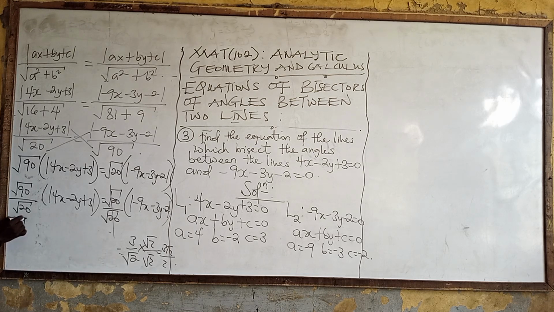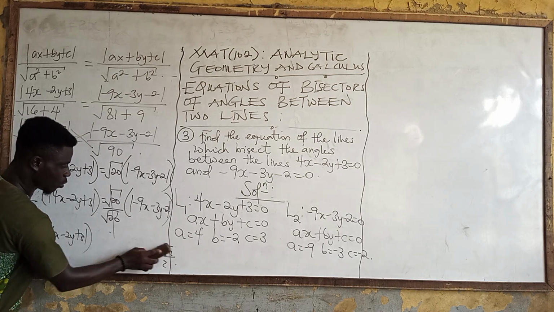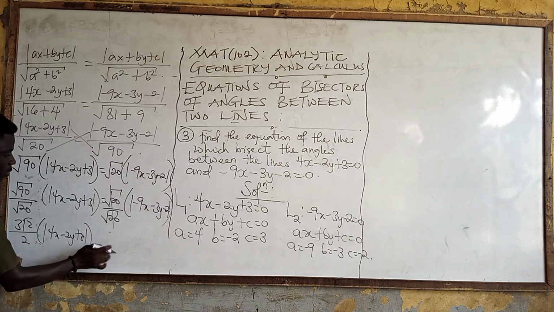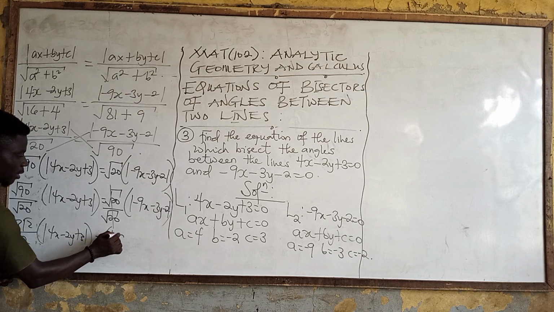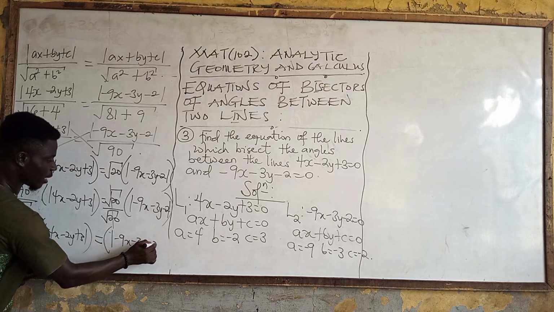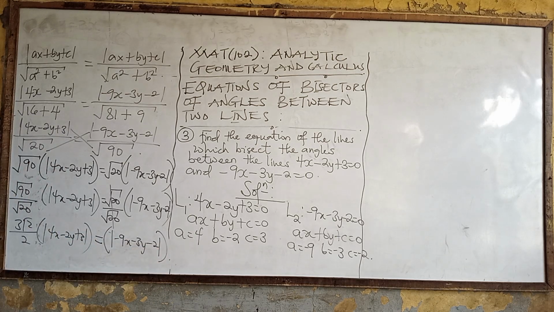So I have 3 root 2 over 2 multiplying the absolute of 4x minus 2y plus 3, which must be equal to the absolute of negative 9x minus 3y minus 2. So we have this. So now here, we can take off the denominator again, right?